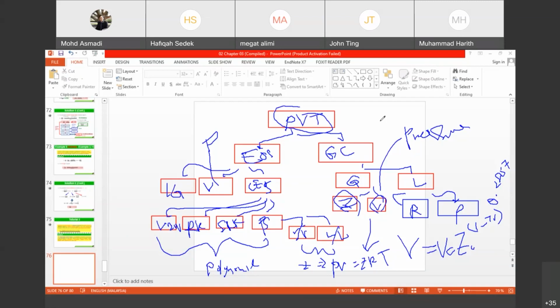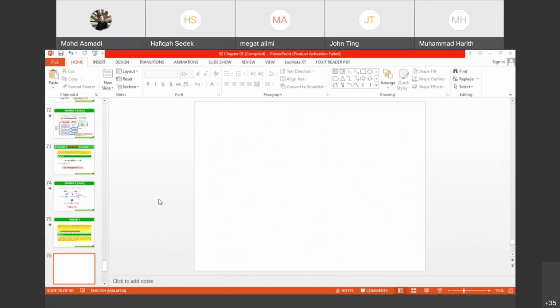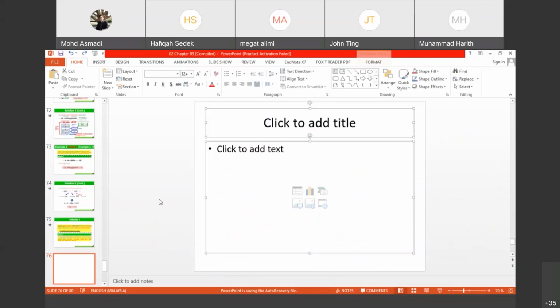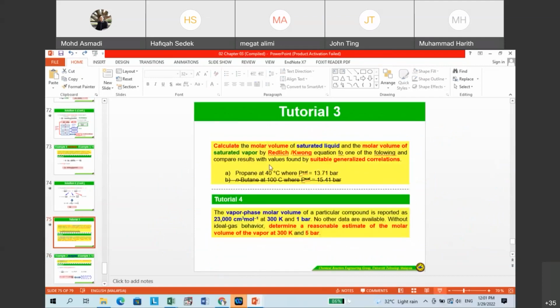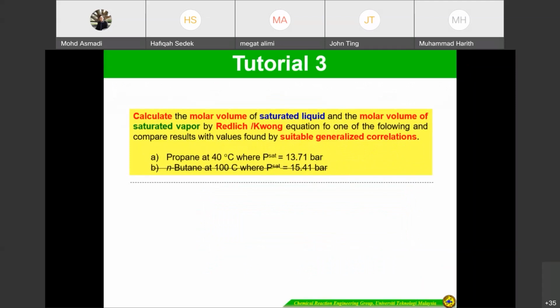Please calculate liquid and then vapor. If you look here, 13.71 bar, it's just a low to moderate pressure.